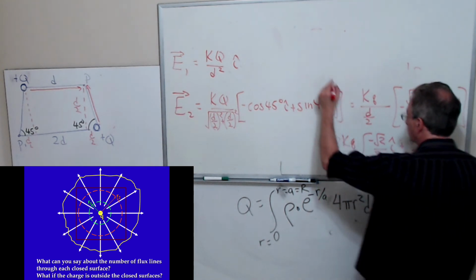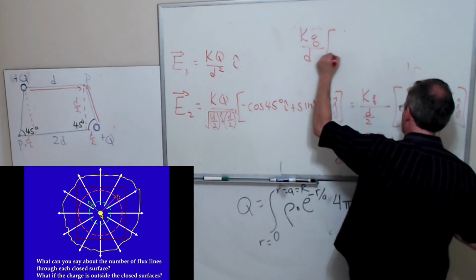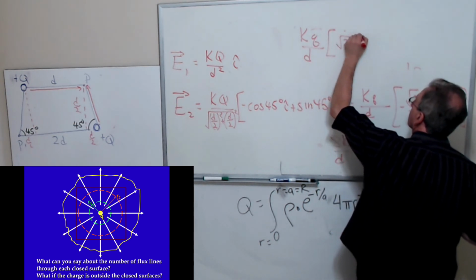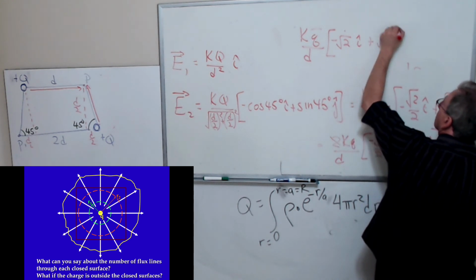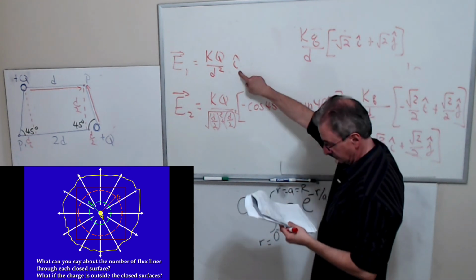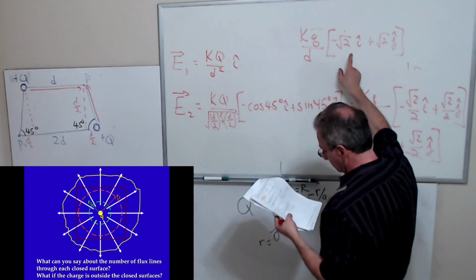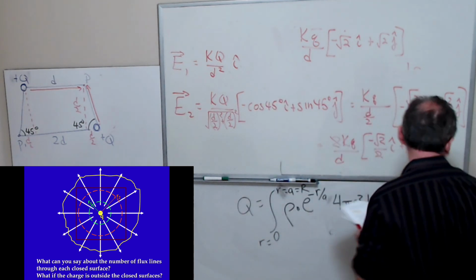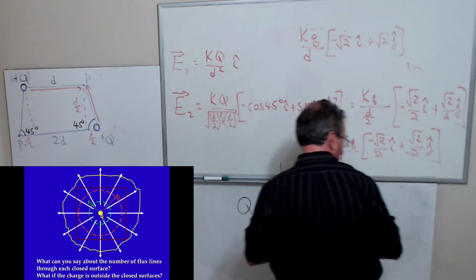And so I'm going to get, and so then I got to add this to this. So my y component is fine. And so E total, which I'm running out of space, hold on a second.